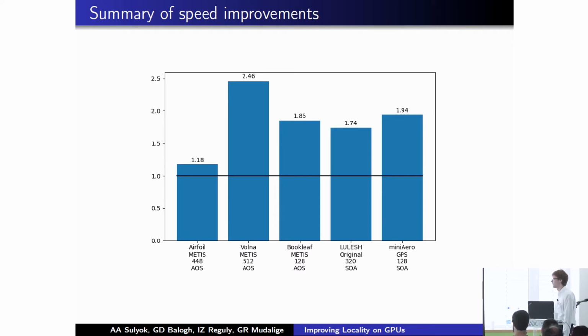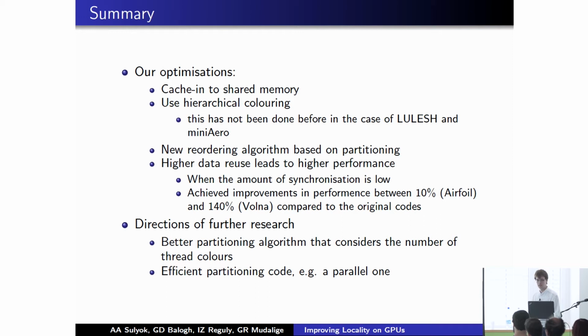These improvements ranged from 10% to 140%. We did this by using shared memory, two-layer coloring, and this new reordering algorithm based on partitioning, which of course can be and should be further developed, for example, by taking into account the effect the high number of thread colors has on performance.